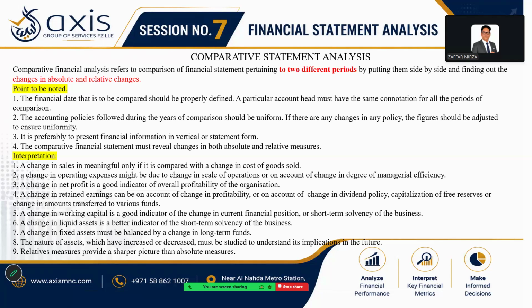That's why I started my class with the words components of financial statements, because each component can be compared, each component can be put side by side to find out the change in absolute terms. So what is my request? My request is not to learn the full statement, but to divide it into parts.